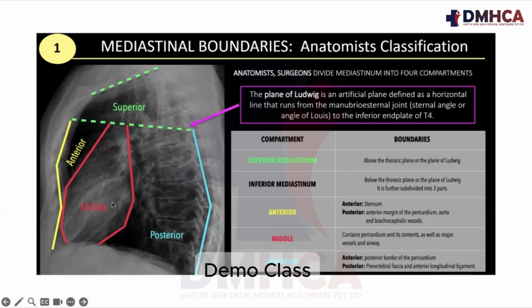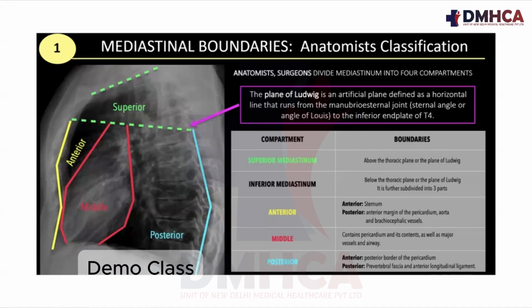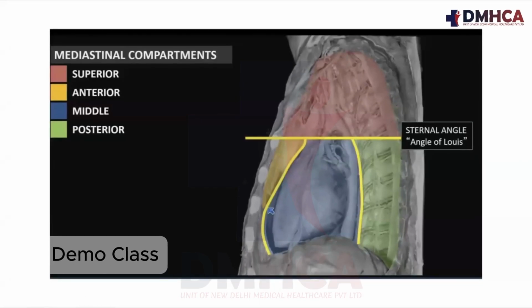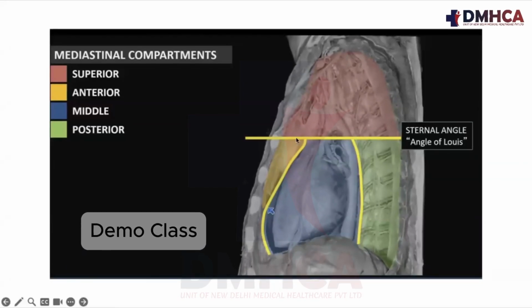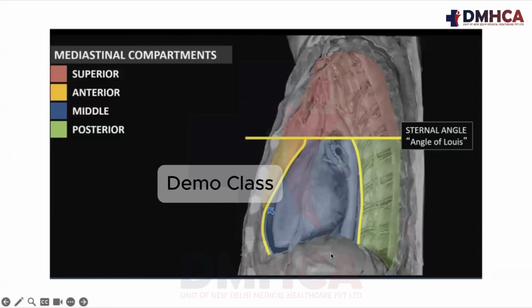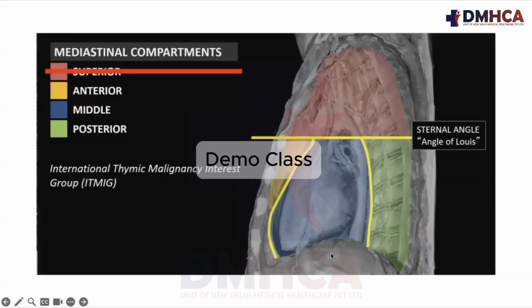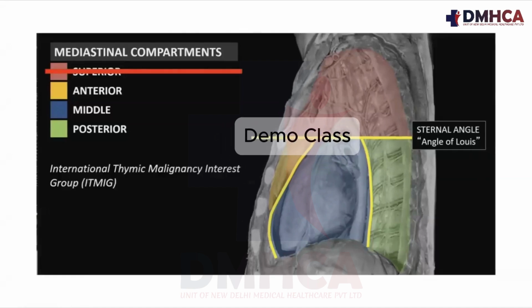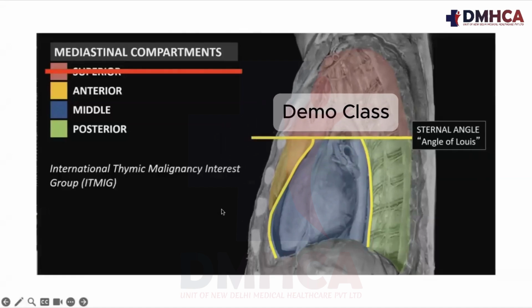The contents of the middle mediastinum, according to the anatomist classification, are the pericardium and its contents, as well as major vessels and airways. This is the division from the angle of Louis, but this is no longer used. The most recent classification, which is used, is this one.